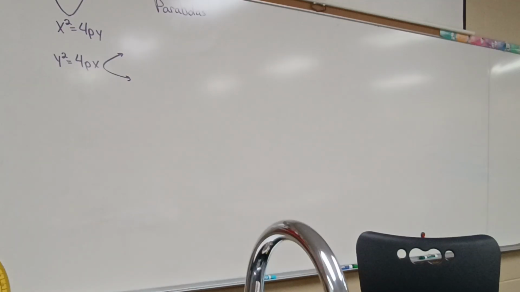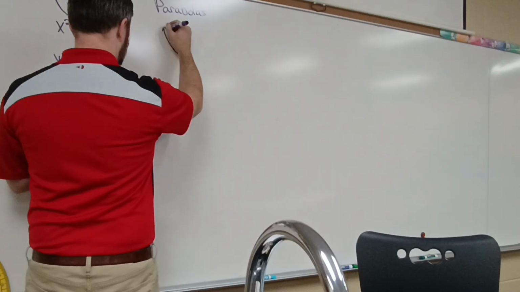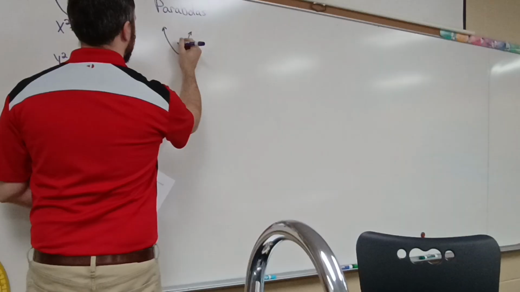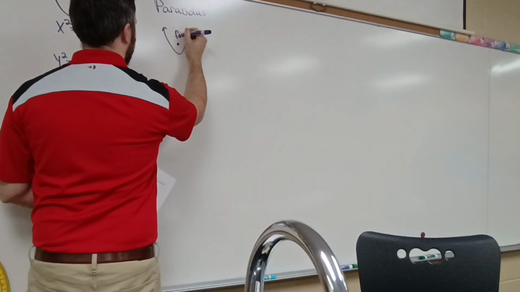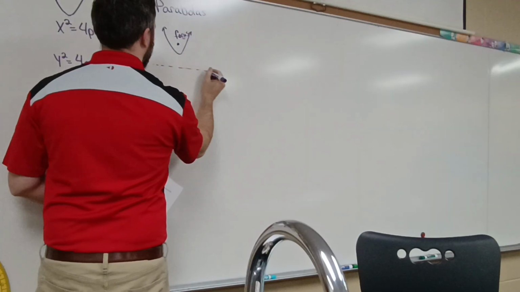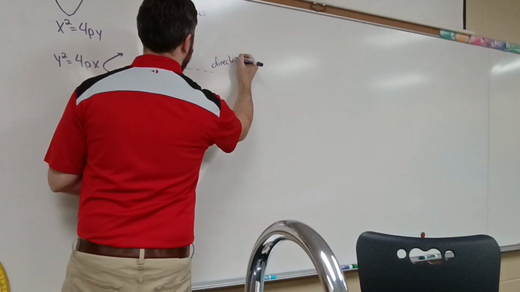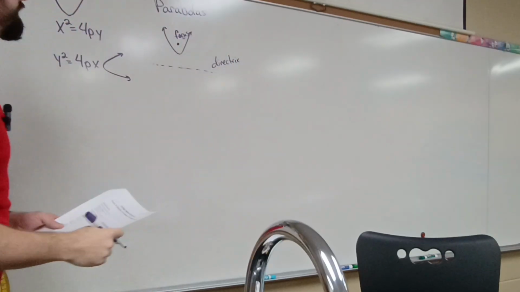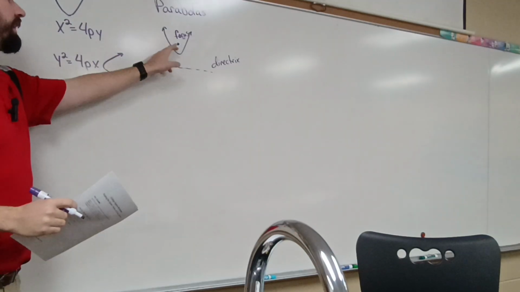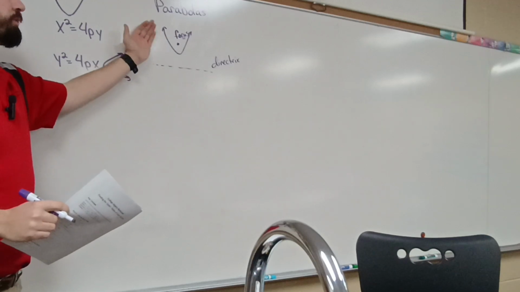Now, with parabolas, there's only two important things on a parabola, okay? The two important things on a parabola are going to be your focus. Oopsie. You have a focus and you have a directrix. Those are the only two things we need to find. The focus is the same thing with the light refracting off it, bouncing to it. The directrix is where I flip it over itself.